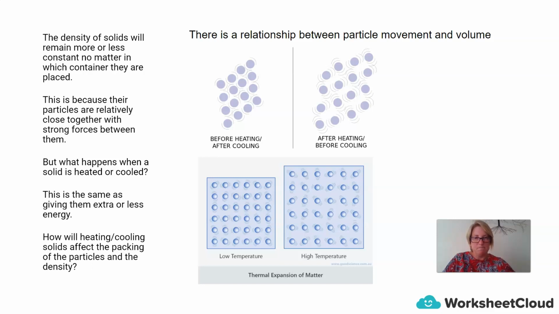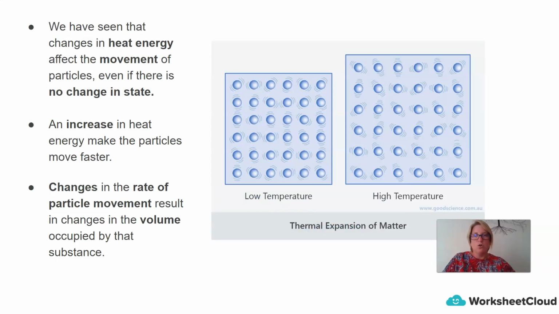So we have seen that changes in heat energy affect the movement of particles even if there is no change in state. And an increase in heat energy makes the particles move faster, and changes in the rate of particle movement result in changes in the volume occupied by that substance.